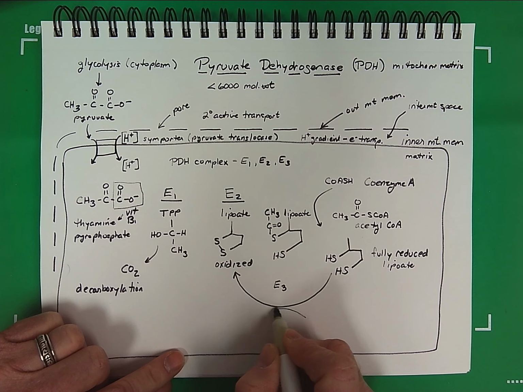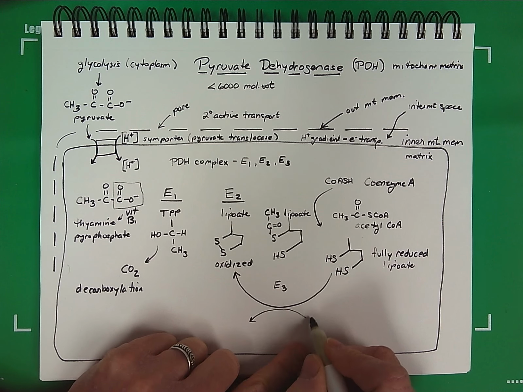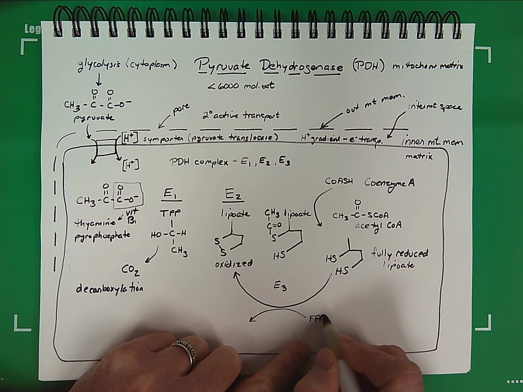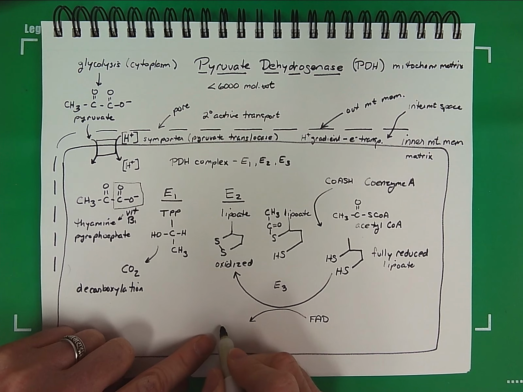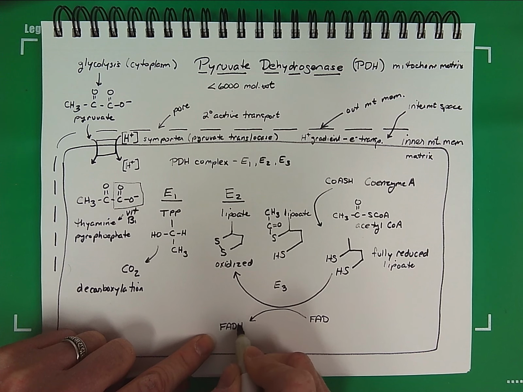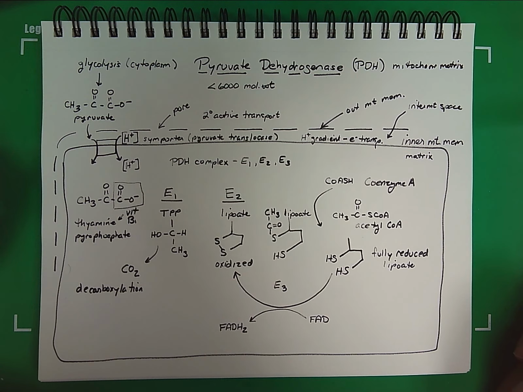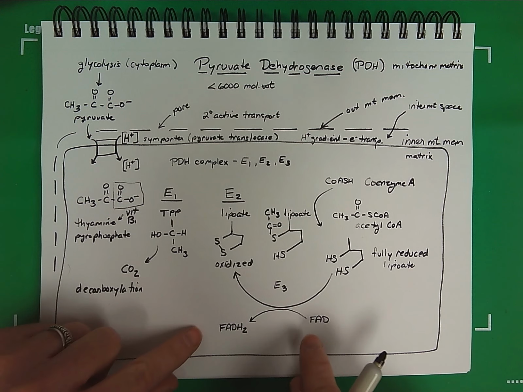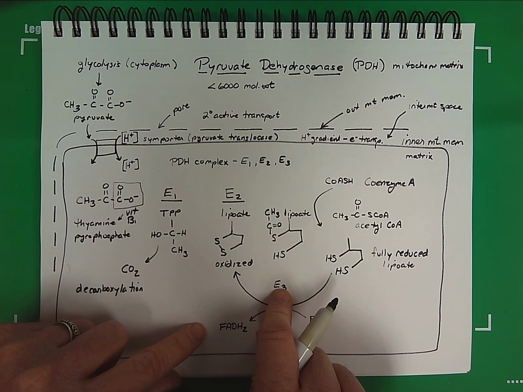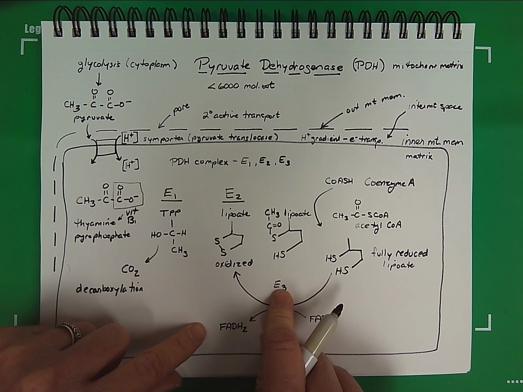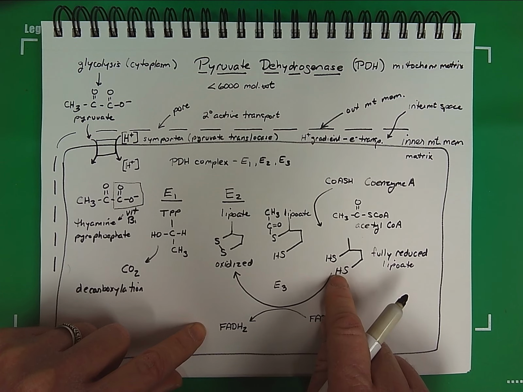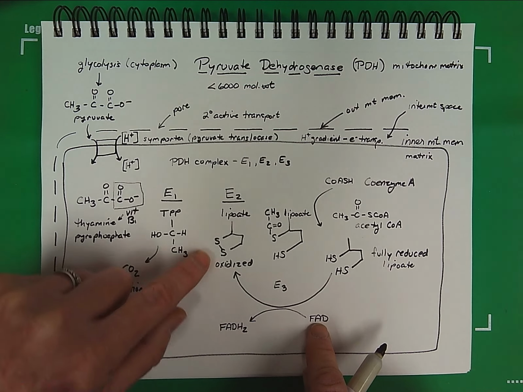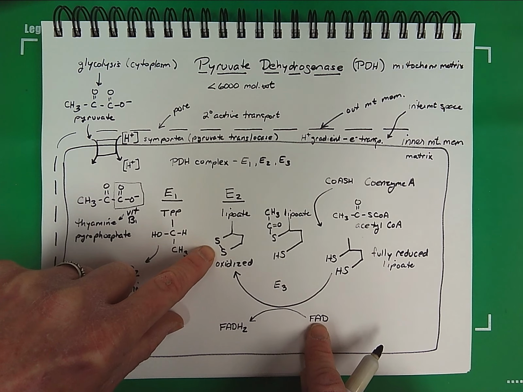And in the process, we are going to reduce another cofactor, which is FAD, again, flavin adenine dinucleotide, and we will transfer those electrons onto FAD to generate FADH2. This is a redox reaction that occurs in the subunit E3. And in doing so, by transferring these electrons to FAD, we regenerate the oxidized form of lipoate.